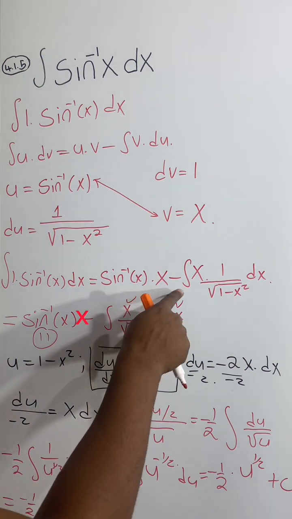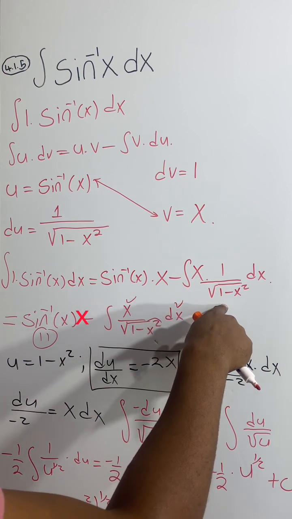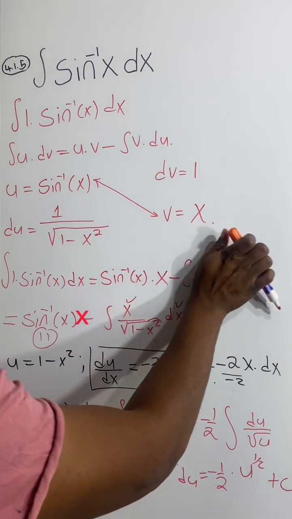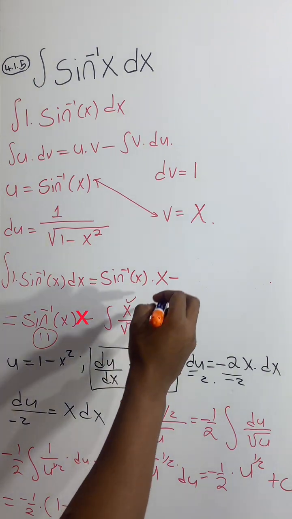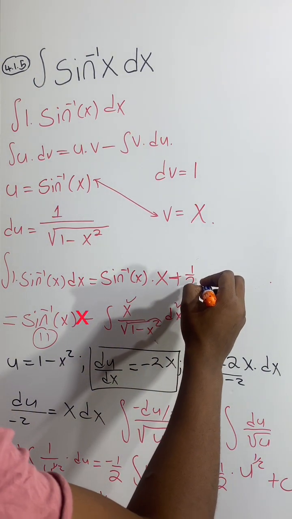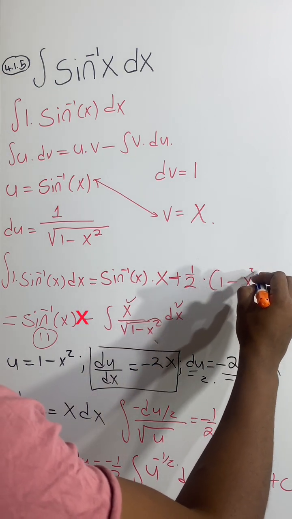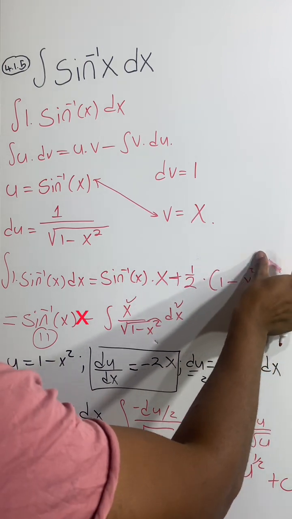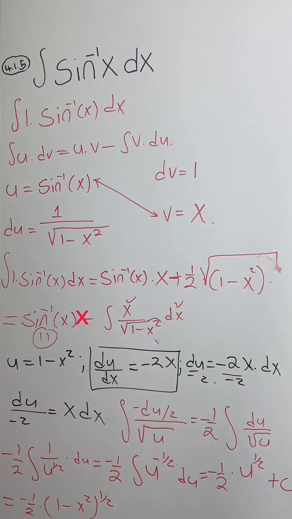So now that we have determined the integral of x over the square root of 1 minus x squared dx as negative 1 over 2, we can go ahead and substitute it there. So this negative multiplied by that negative will be positive, and we'll be left with 1 over 2 multiplied by 1 minus x squared raised to the exponent 1 over 2, which we can rewrite as the square root of 1 minus x squared.